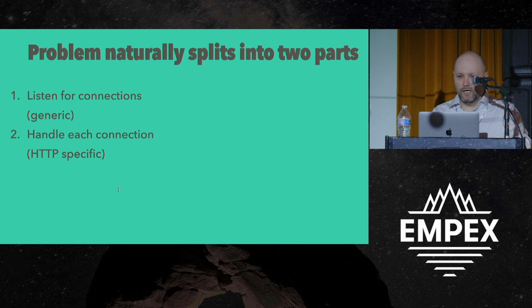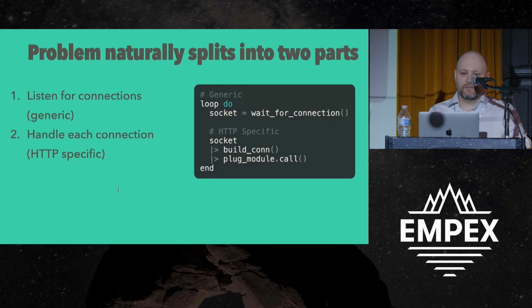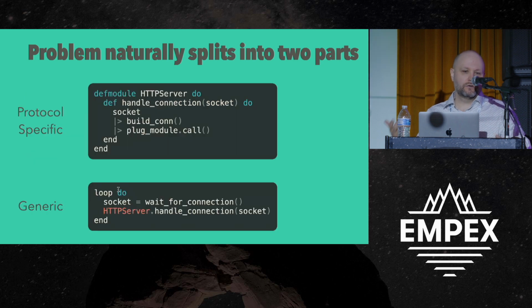So if we wanted to factor out the HTTP specific parts of this to keep the generic parts generic, we might end up with something like this. We have some generic parts that's essentially a loop. In this case, it'll loop around, wait for a connection from a client. When a connection comes in, we'll pass it through that HTTP pipeline. But we can go a bit further with this, and we can do something that looks like this, where our generic part basically just calls out to a module.